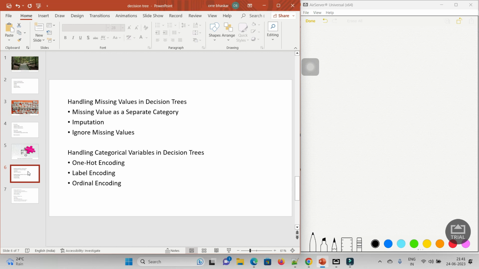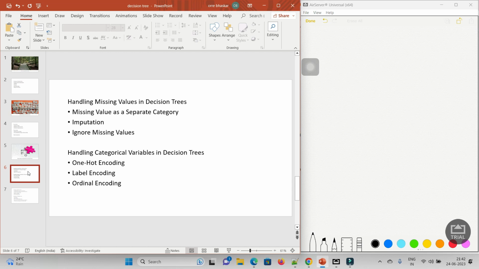So there are a few approaches to handle them. One is to treat missing values as a separate category. If you have any missing value, null or none or NaN, not a number, replace them with a category. Create a new category and replace them. That's one technique. The second technique is imputation.